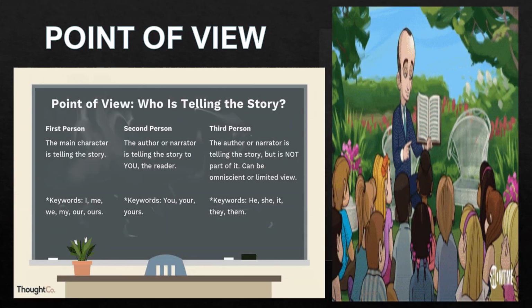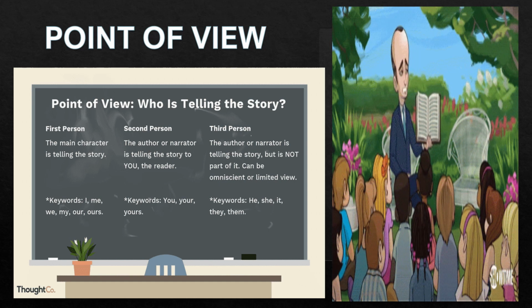Point of view. The point of view is who is telling the story. The first person point of view is that the main character is telling the story. The keywords are I, me, we, my, our, or ours. The second person point of view is that the author or the narrator is telling the story to you, the reader.